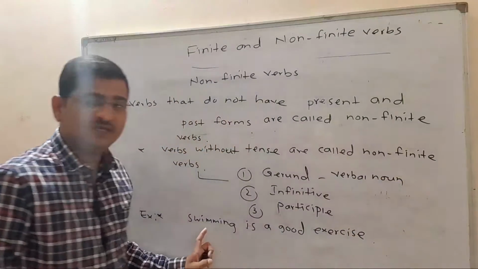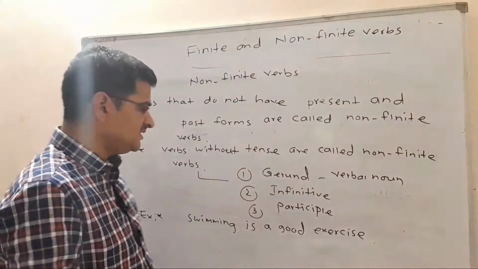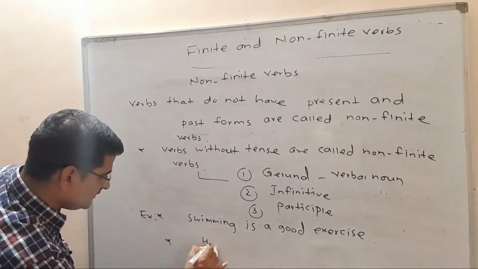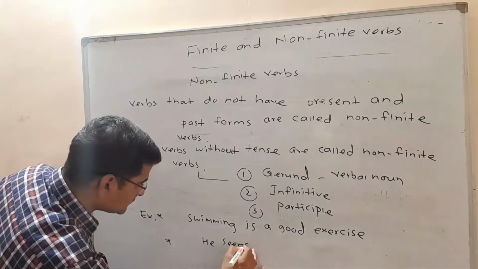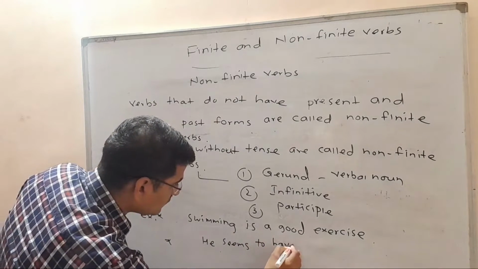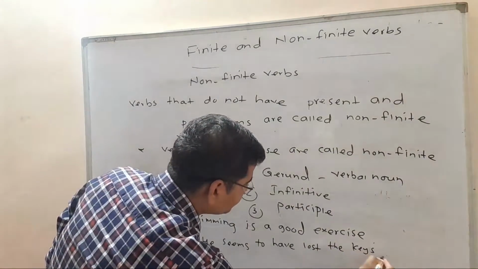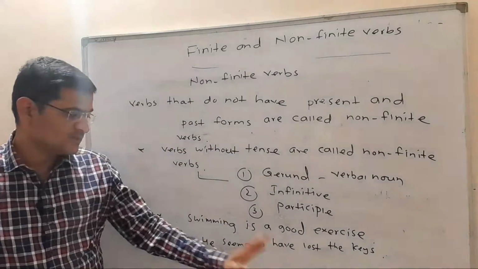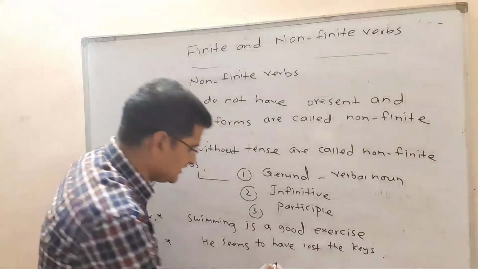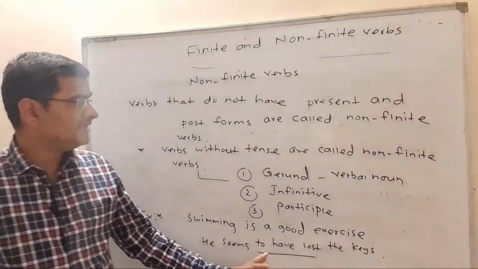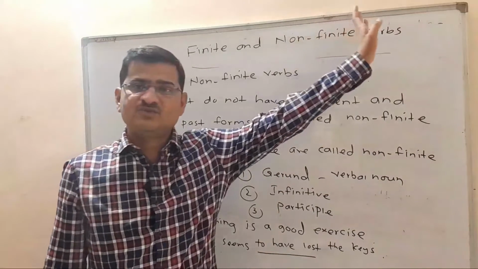And here swimming is an example of a non-finite verb. Another example, he seems to have lost the keys. So here also, to have lost is an example of a non-finite verb.